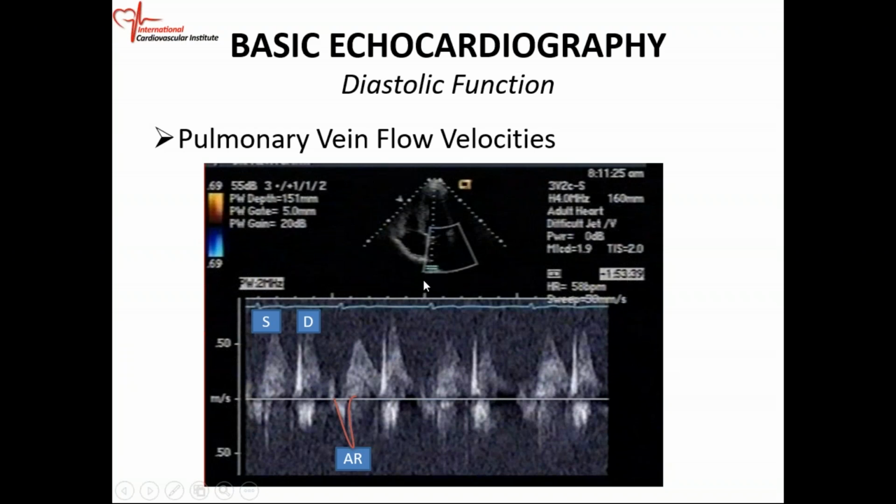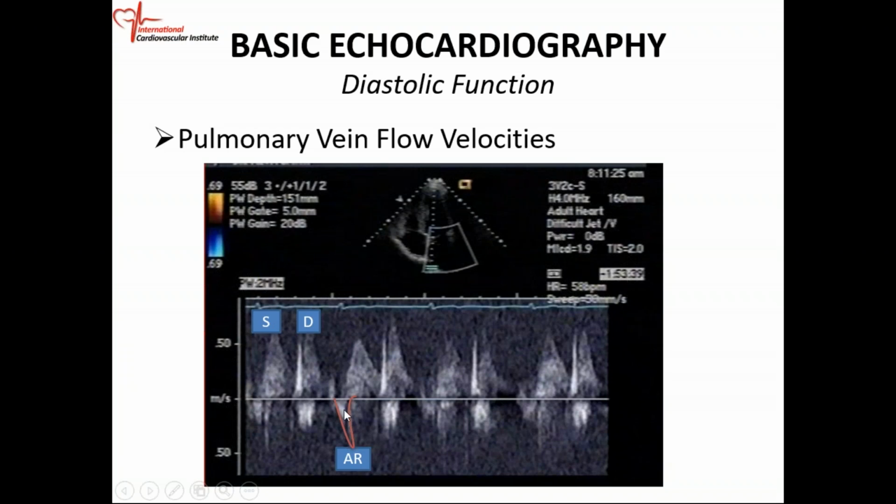So the pulmonary vein flow is from the pulmonary veins into the left atrium, and it's moving towards the transducer, so it's above the baseline. You get a systolic component and a diastolic component. But when the atrium contracts, it's going to force the blood in the opposite direction, away from the transducer. That's why it's below the baseline.